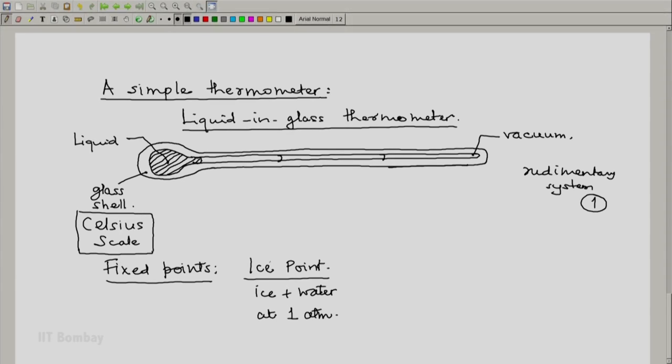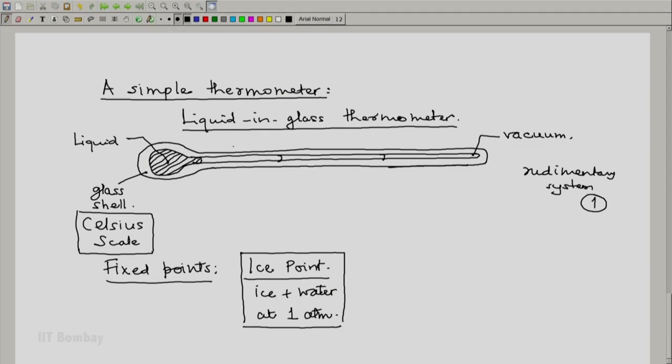And what we do is we bring our thermometer in contact with such a system, wait till thermal equilibrium is reached, and then we mark on this the location of the liquid length at the ice point. Then we create another system, which is what is known as the steam point.